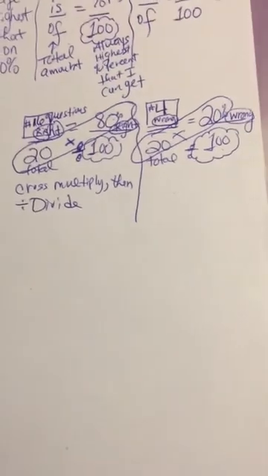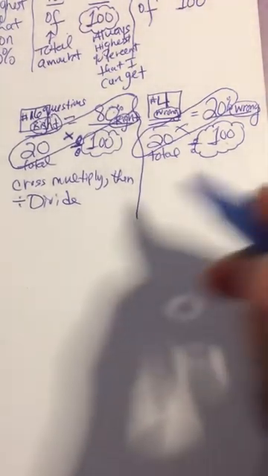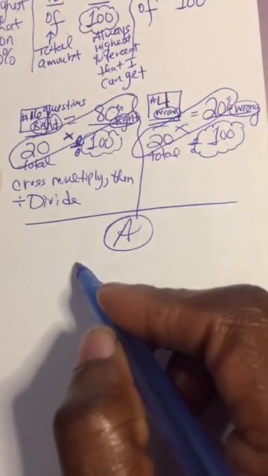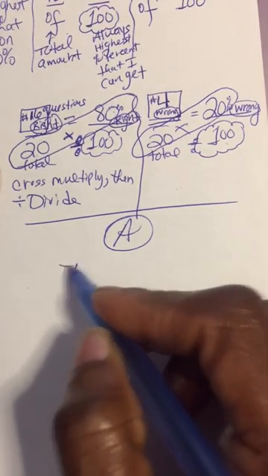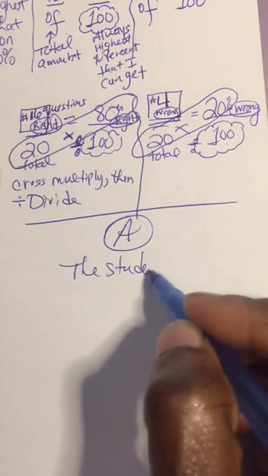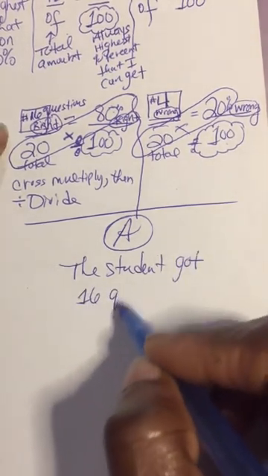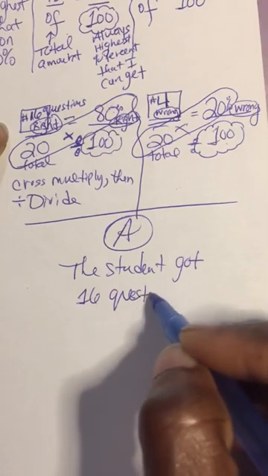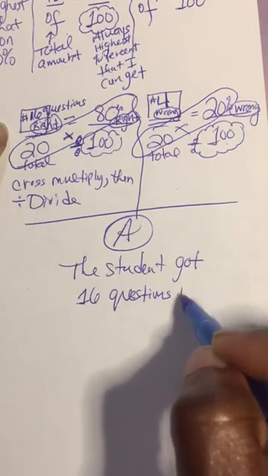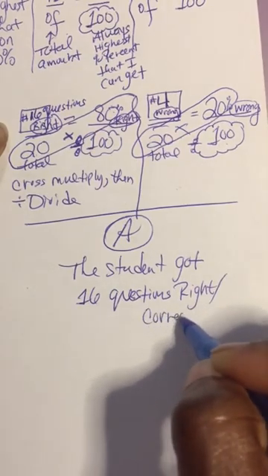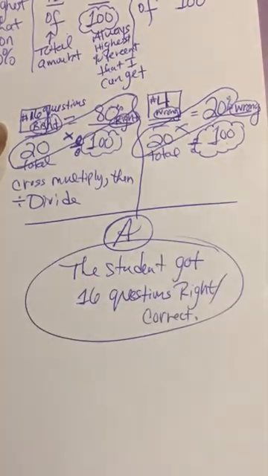I want you to calculate both of these for every question, but for your answer, where it says A, you're going to write the student got 16 questions right / correct. And that's it.